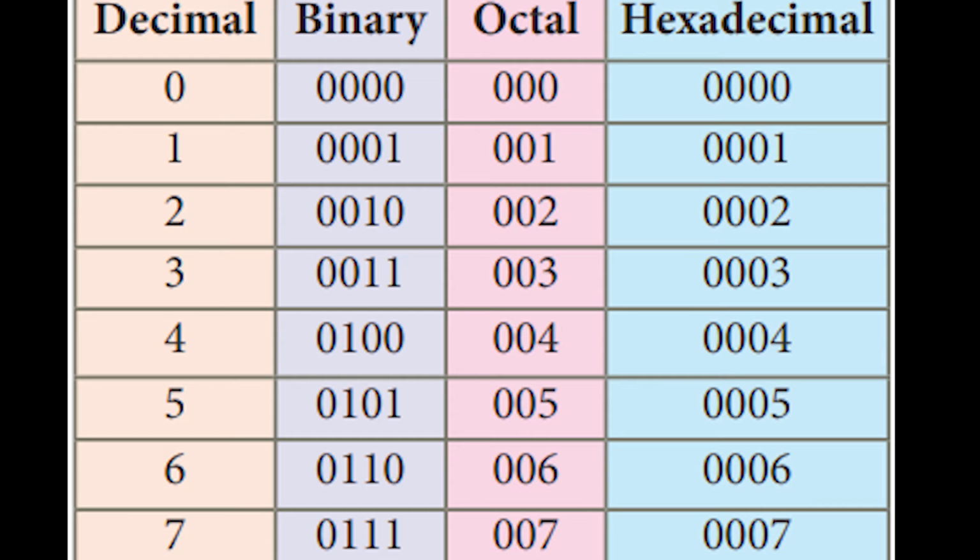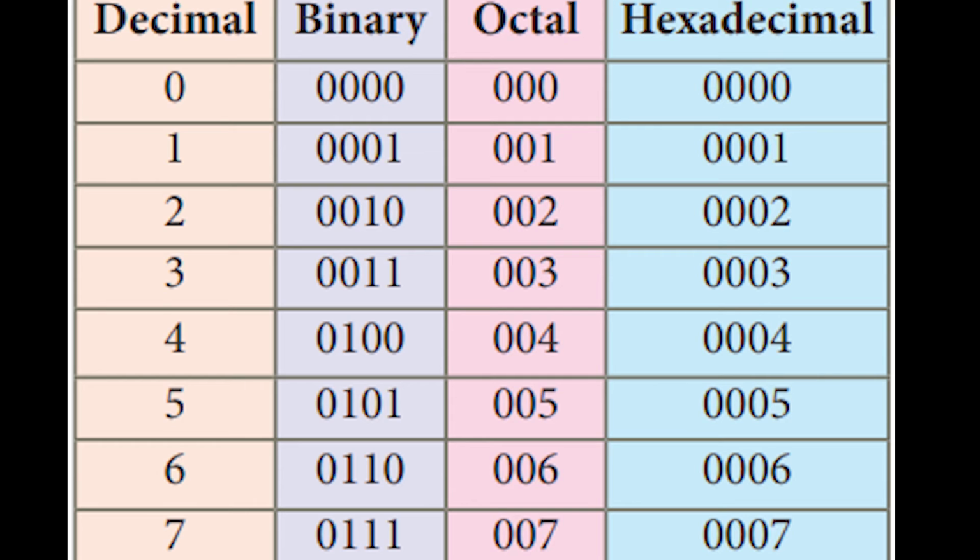But if you find that difficult, you can use a small trick. Right? You just consider this binary column. If you see down the first position, everything is 0, so you mention 8 zeros. In the second position, you can mention 4 zeros and 4 ones.